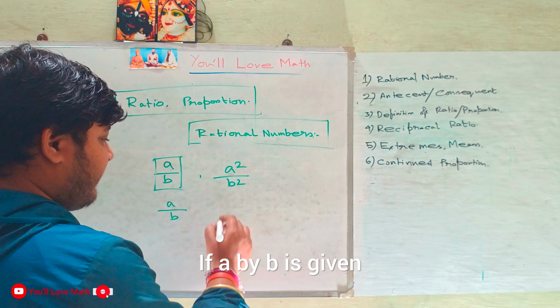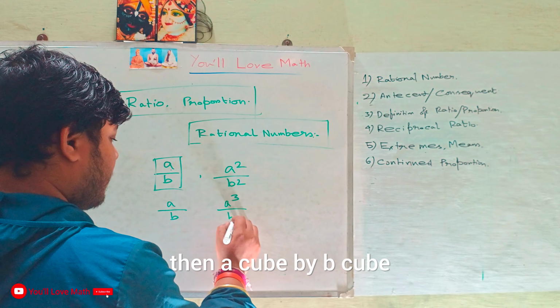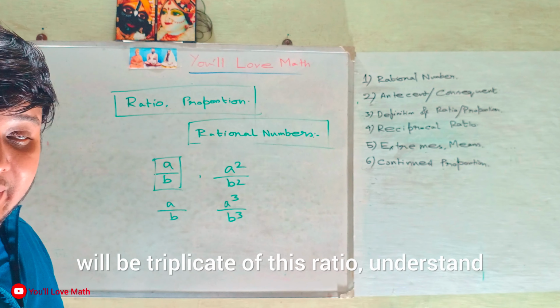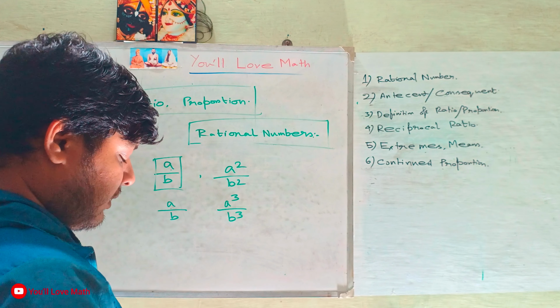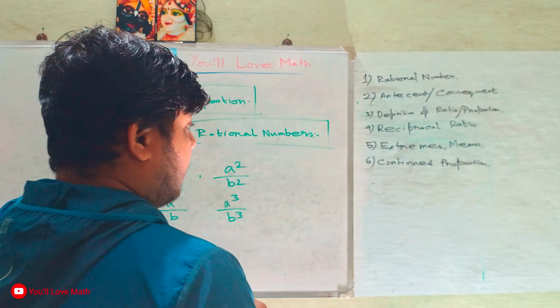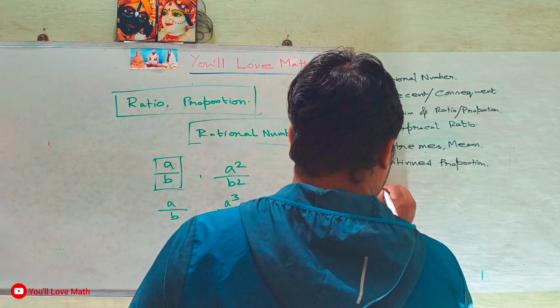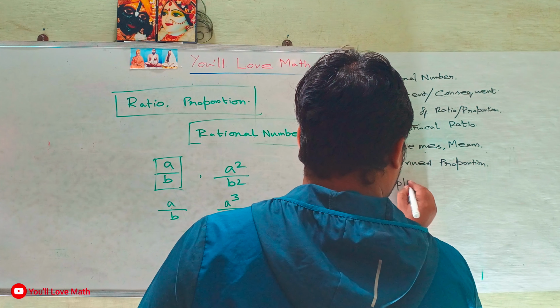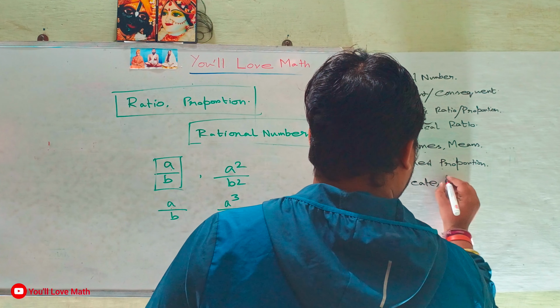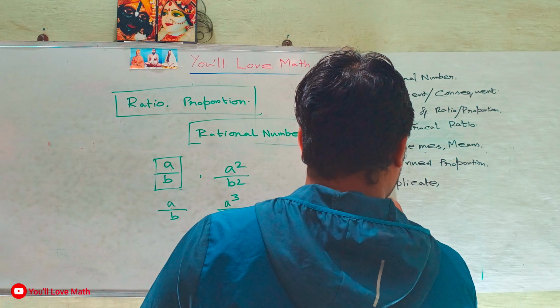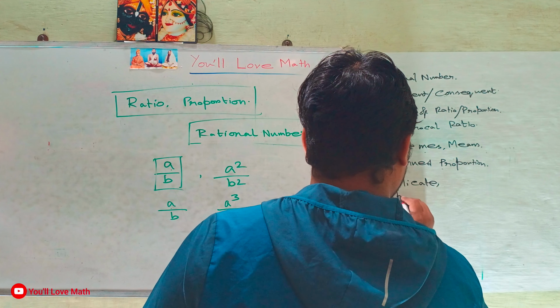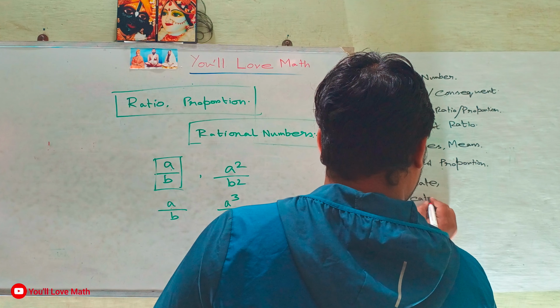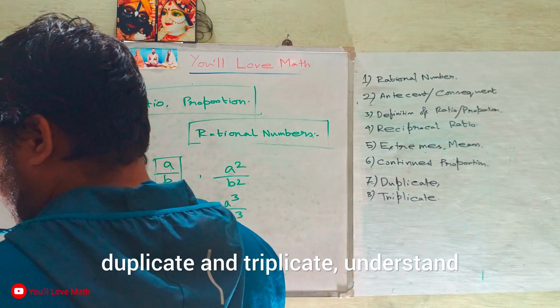Understand? If a by b is given, a cube by b cube will be the triplicate of this ratio. So write it down: duplicate and triplicate. Fine, understand?